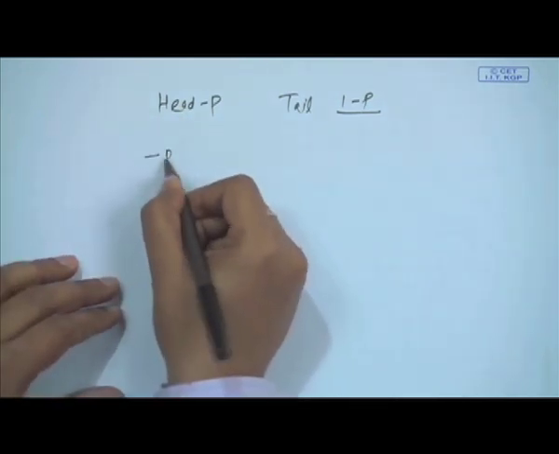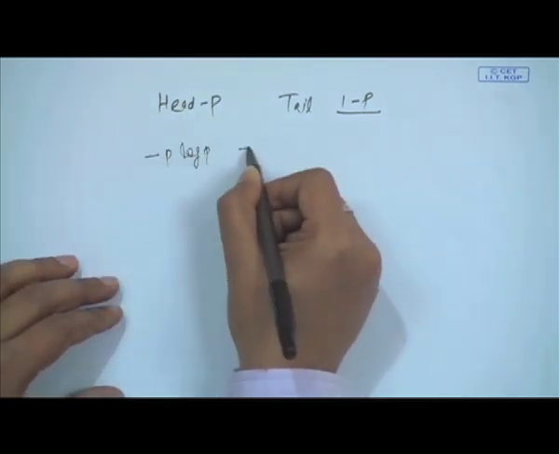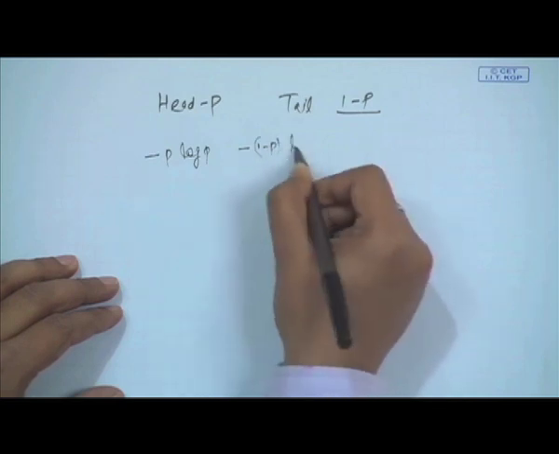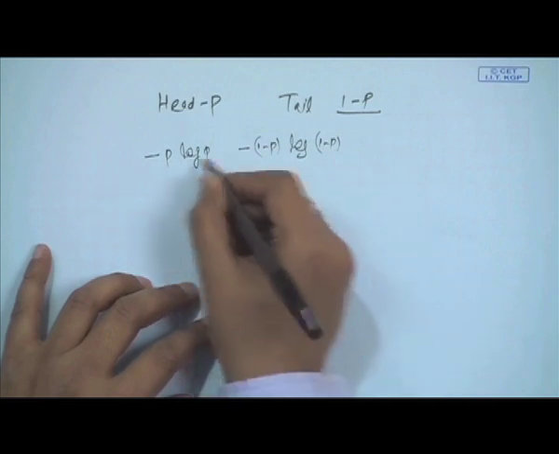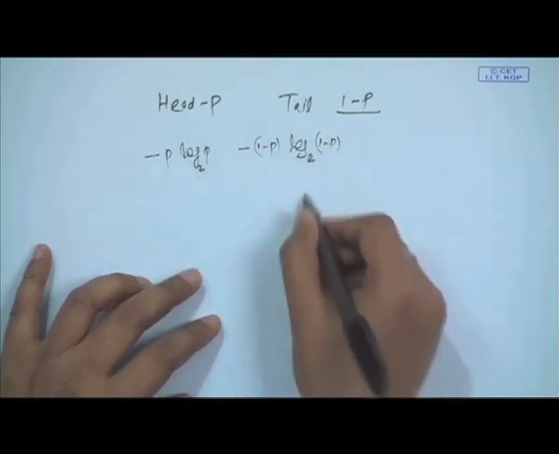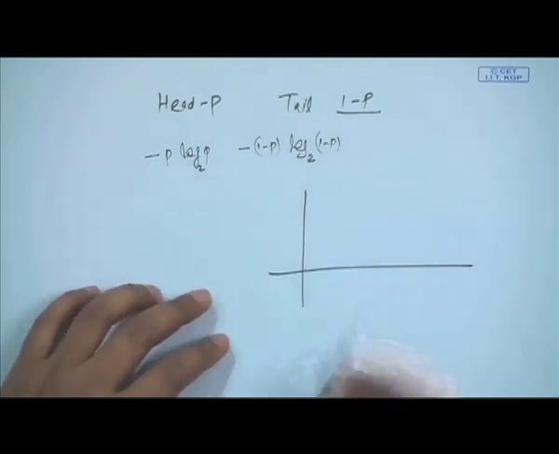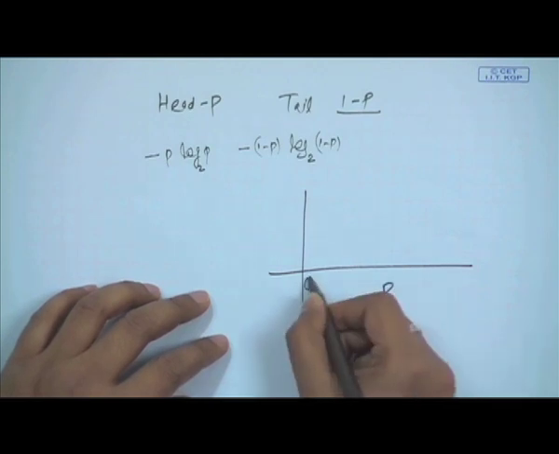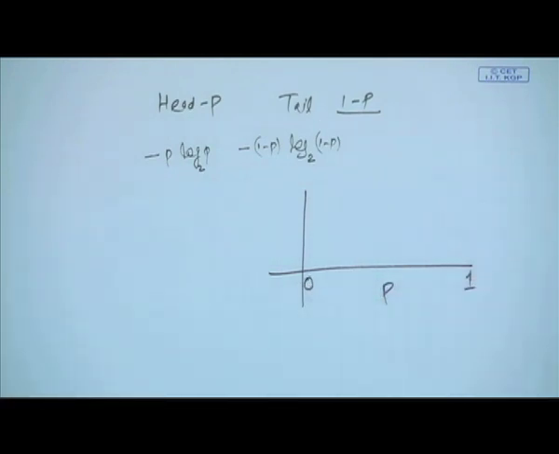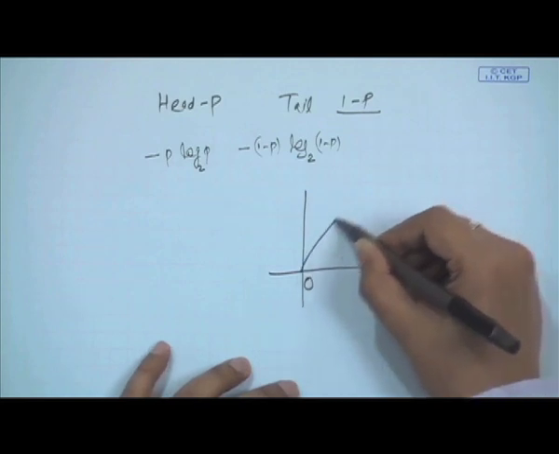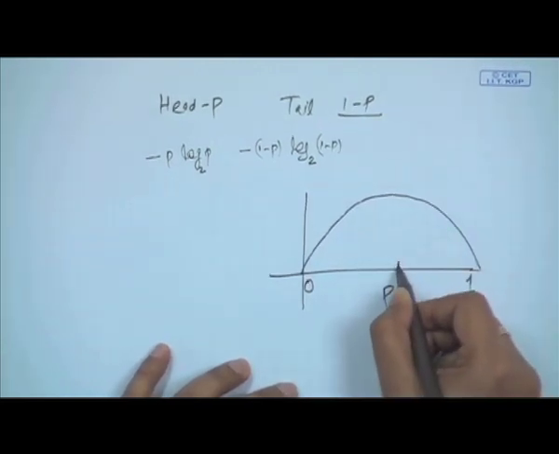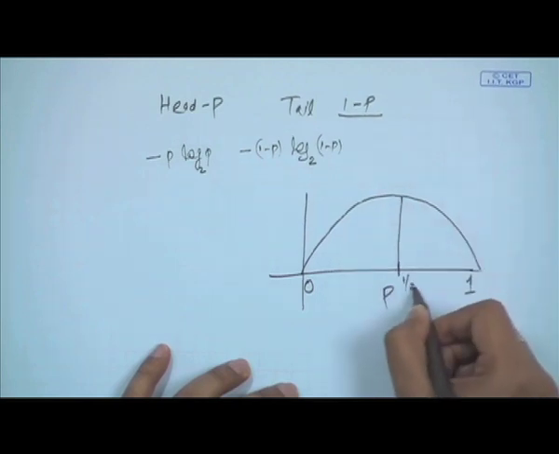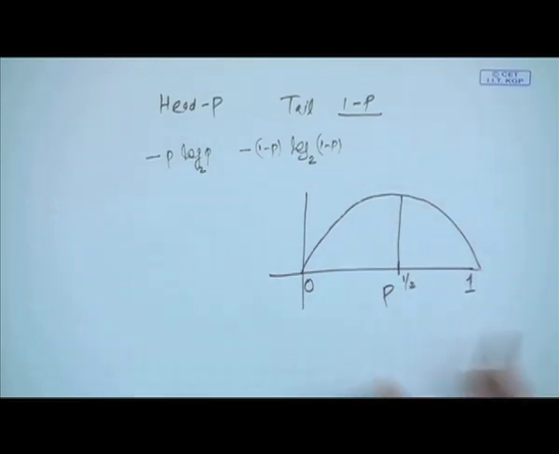It will be minus p log p minus (1 minus p) log (1 minus p), with logs based on 2. If you plot this as a function of p from 0 to 1, you will find that the entropy starts increasing, becomes the highest at p equal to half, and starts decreasing afterwards.